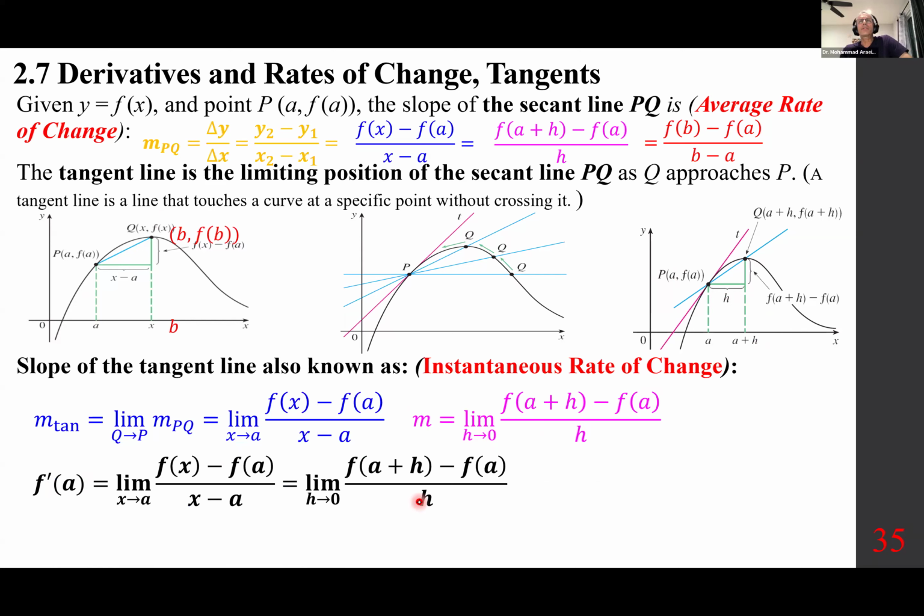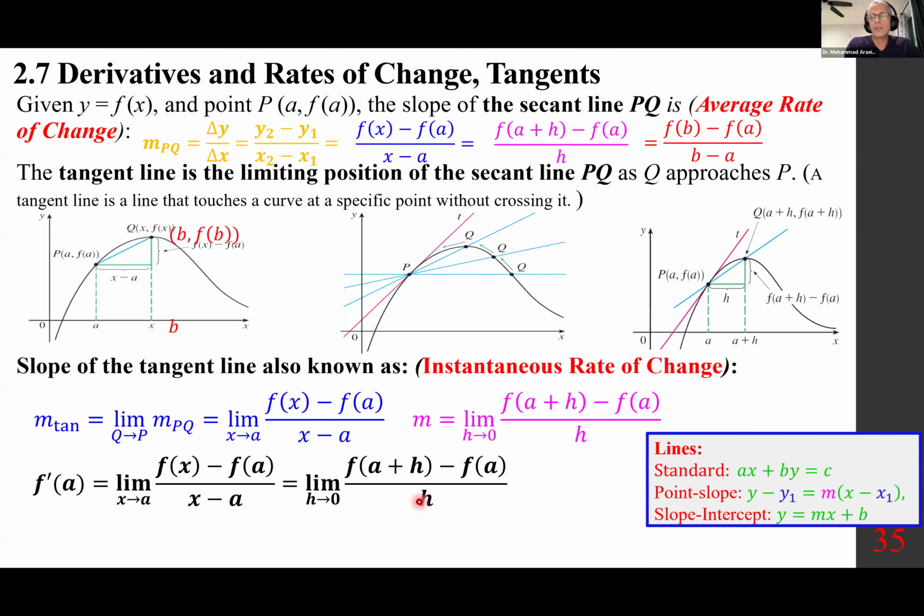And we are interested in finding equations of lines. We remember the standard form is ax plus by equals c. Point slope is y minus y1 equals m times x minus x sub 1. Slope intercept is y equals mx plus b. Now, if we want to find the equation of this red line, this tangent line, here's the point P, which has coordinates a, f of a.